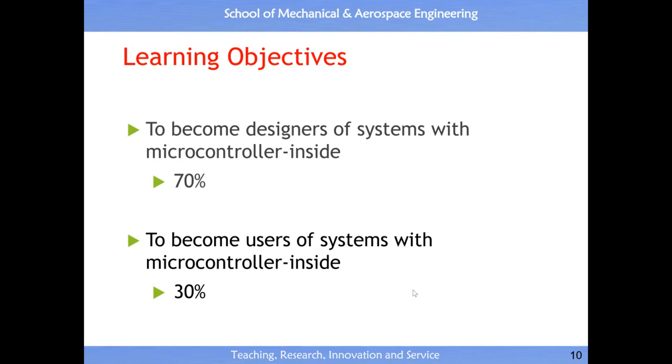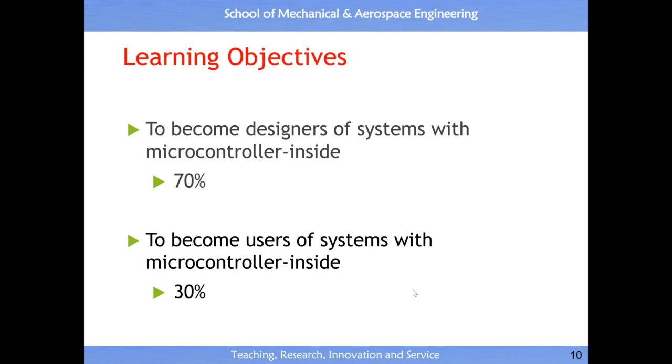As I mentioned in the previous slide, the basic motivation is if you are going to work as a designer of a smart system or smart product in future, in which there must be the presence of a microprocessor system, then in this case you must study this course. And the second motivation is that in future, you may make use of a smart product or smart system developed by others.